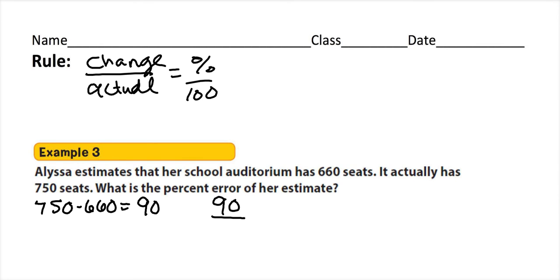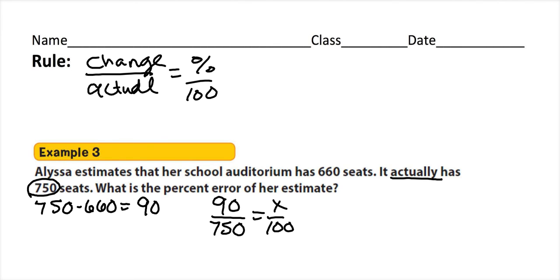And it says over actual, so we're looking for the word actual. It says it actually has 750, so the actual was 750. That's why they don't call it original, because it's not that. It's basically like the new, kind of. And then x over 100.